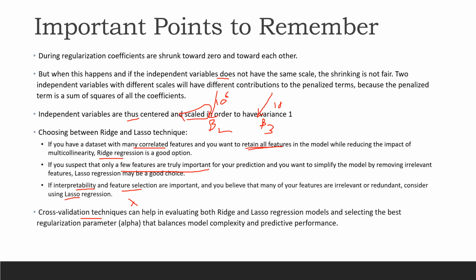So cross validation is basically a hyperparameter tuning technique for getting the optimal lambda, which would help us get the lowest total error, as we saw in the bias variance explanation. The total error was the minimum at a certain lambda, and these cross validation techniques will help us get that lambda.